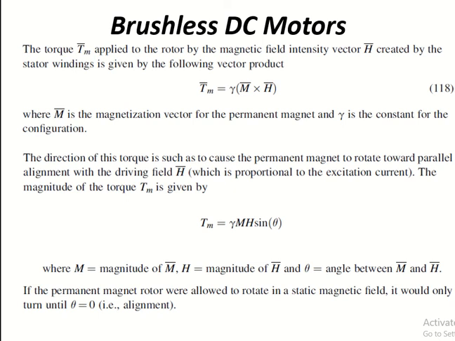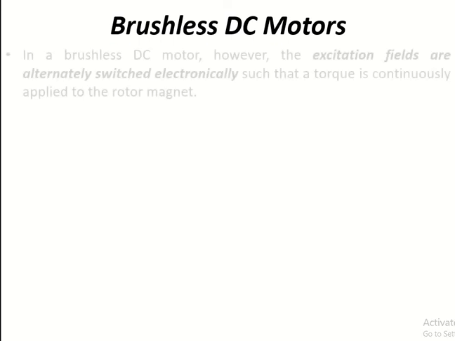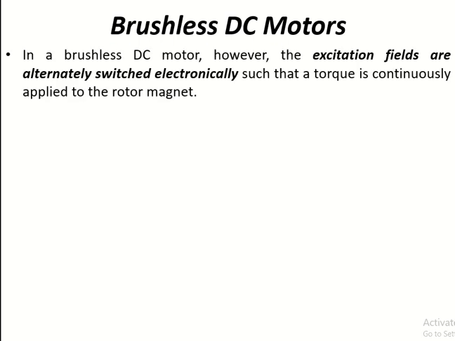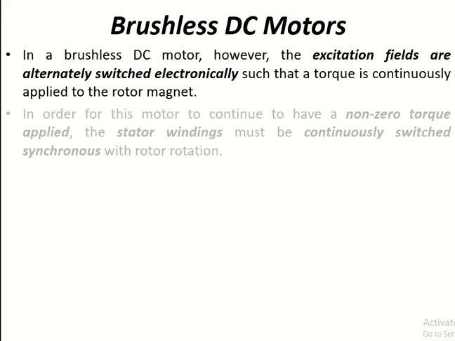If the permanent magnet rotor were allowed to rotate in a static magnetic field, it would only turn until theta is equal to 0. In a brushless DC motor, however, the excitation fields are alternately switched electronically such that a torque is continuously applied to the rotor magnet.